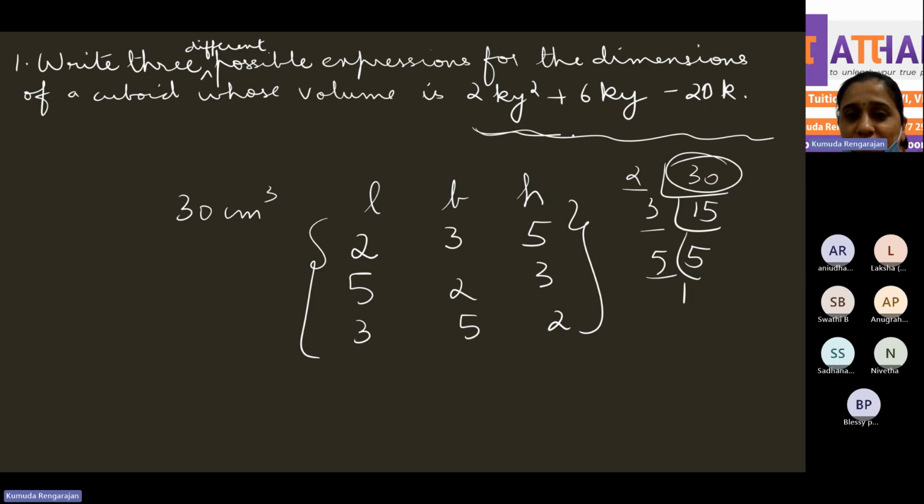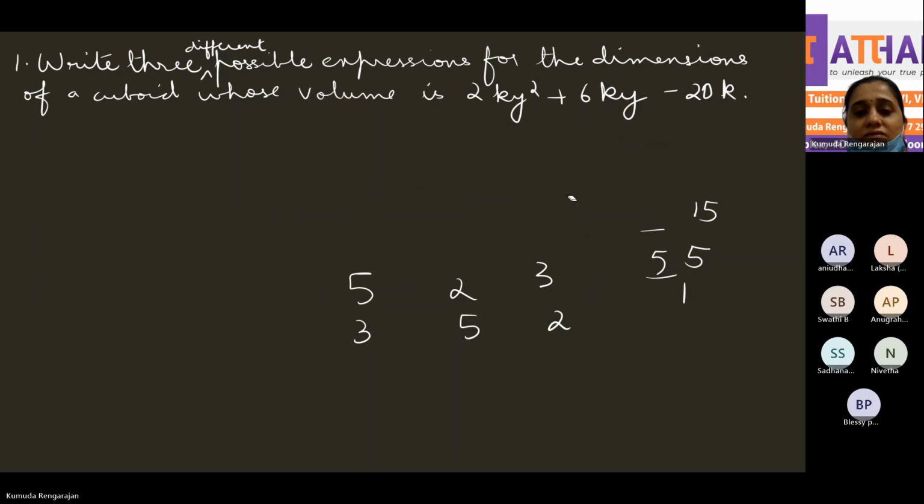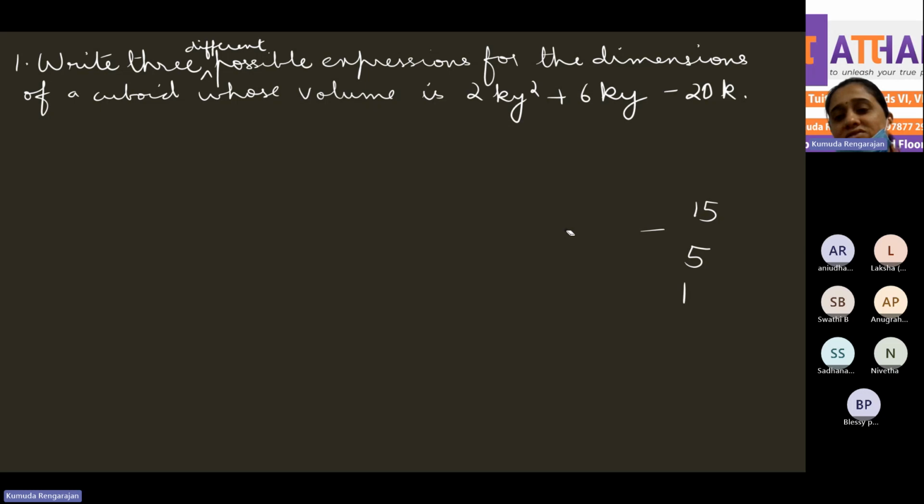In the same way, you need to factorize this one. And using the factors, you must write out the length, breadth, and height. Yeah, factorize it. First step is to factorize, children. Do that. Factorize the volume given.